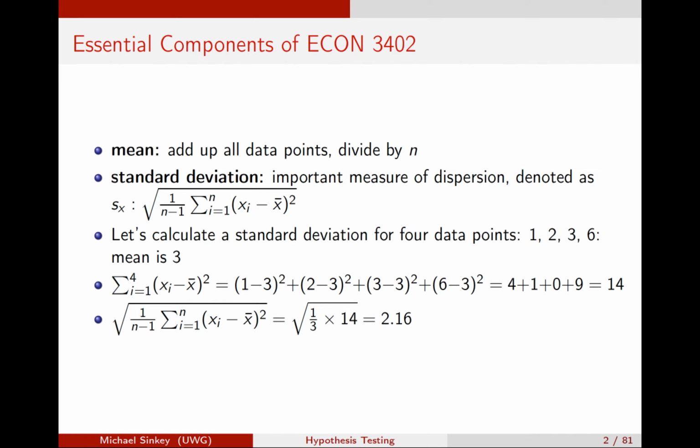Now, 14 is the sum of squared deviations of x from its mean. I divide by 3, which is the same as multiplying by 1 over n minus 1. So I take 1/3 multiplied by 14, and I take the square root of that to get 2.16. 2.16 is a description of roughly where to look for the data in relation to the mean.